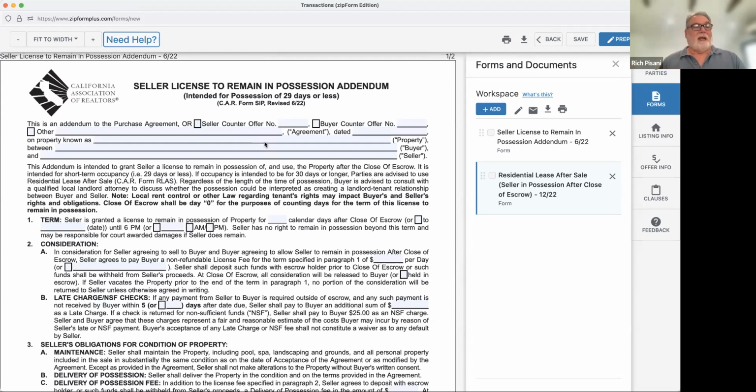And obviously it's dated, with the property, the buyer's name and the seller's name. So the terms: the seller is granted a license to remain in possession for X number of days.